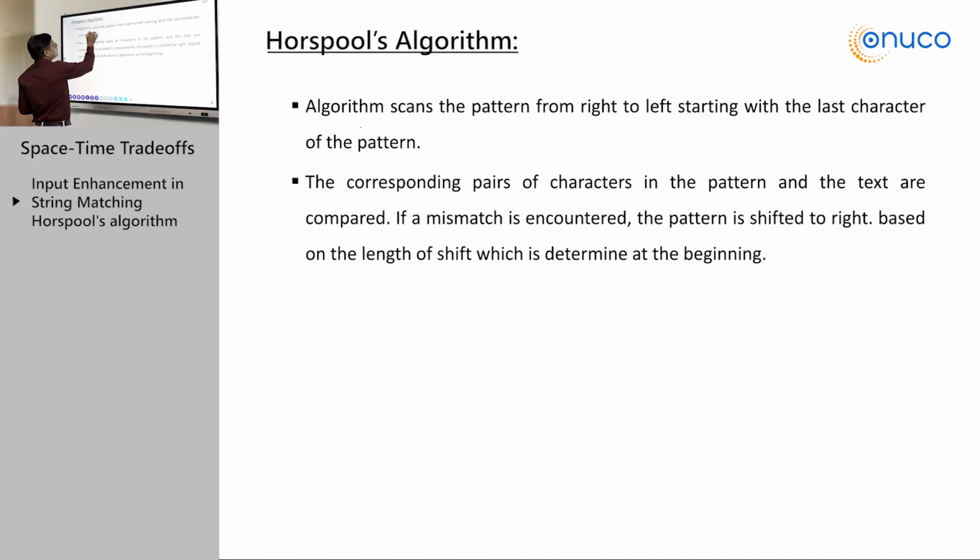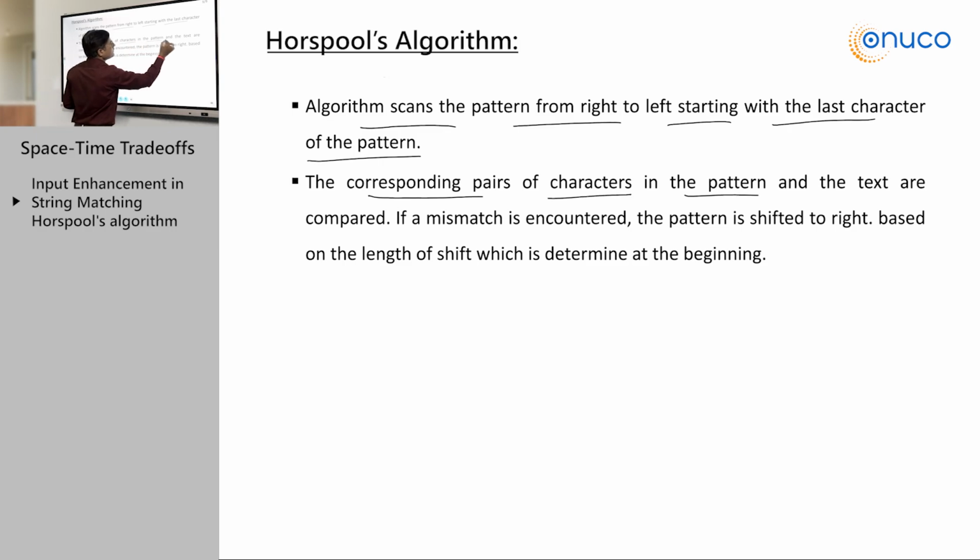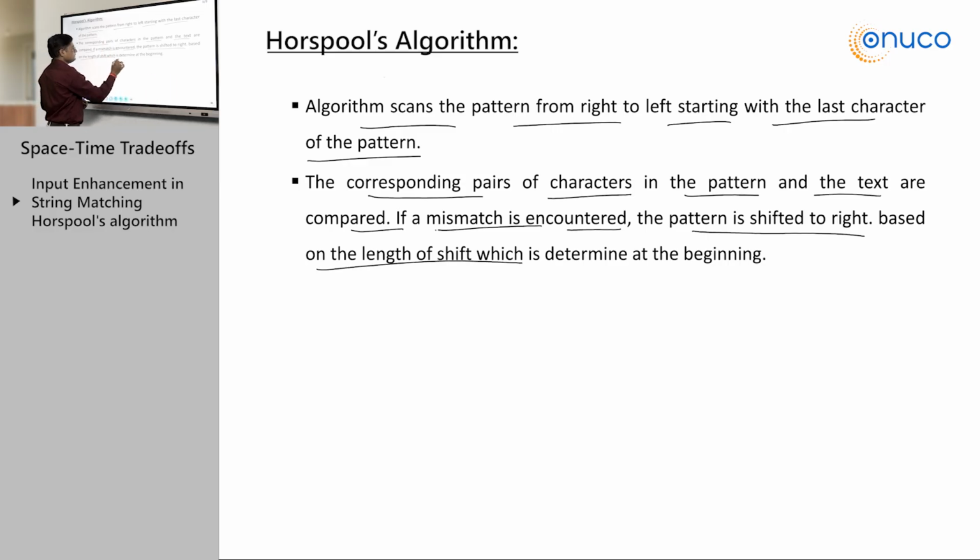The algorithm scans the pattern from right to left, starting with the last character of the pattern. The corresponding pairs of characters in the pattern and the given text are compared. If a mismatch is encountered, the pattern is shifted towards the right, based on the length of the shift, which is determined at the beginning.